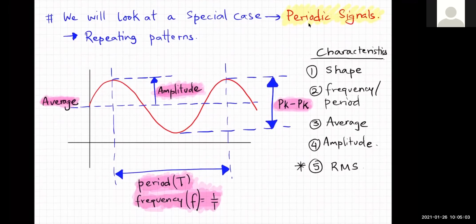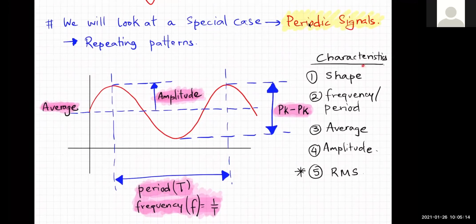And we're going to characterize these signals by 4 or 5 different parameters, okay? The first is the shape. So it can take on different shapes. Second is frequency and period. So like I said, the pattern repeats after a certain period of time. The period of time after which it starts to repeat is called the period, and 1 over the period is the frequency.